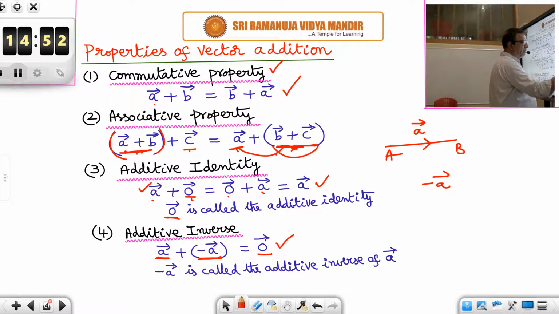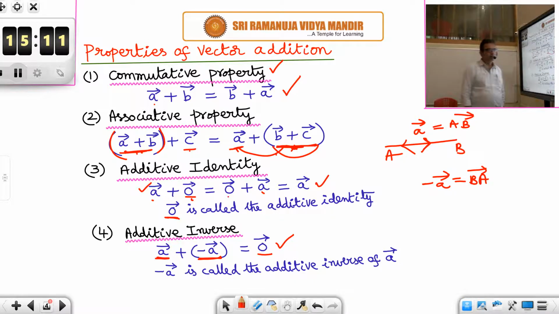How is the negative of the vector defined? Minus A bar. Just change the direction, that's all. Instead of putting the arrow to the right side, put the arrow to the left side. So if A bar is equal to AB bar, then minus A bar is equal to BA bar. Terminal point and initial point will interchange, that's all.